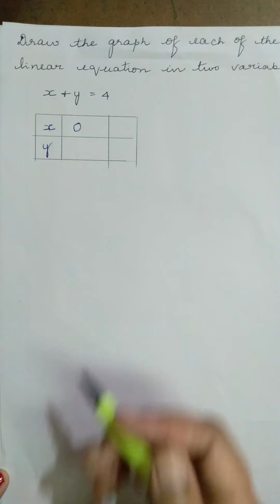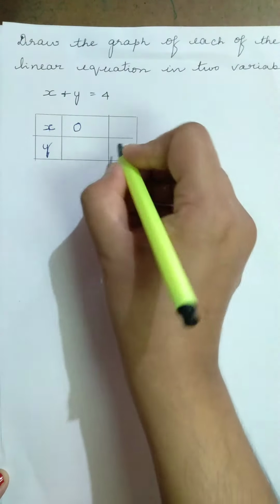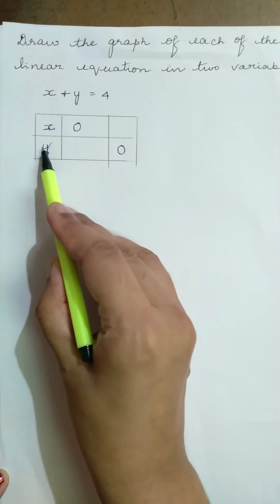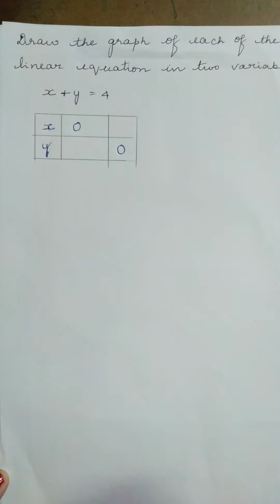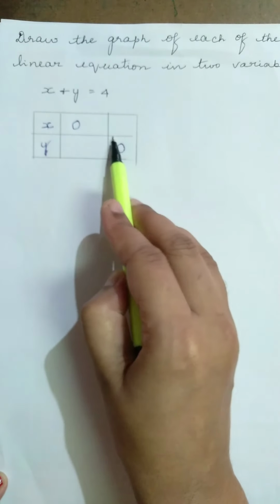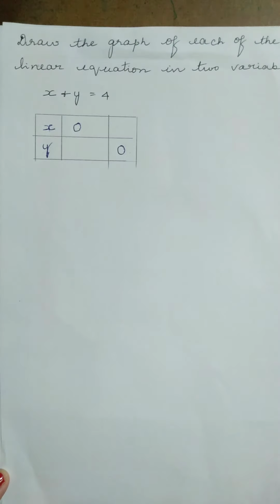In the next step, we will put the value of y equal to 0, so that we get the corresponding x value. Therefore, we will be getting 2 points to plot a graph. It is not that we require only 2 points to draw a straight line. We can take 2 or more than 2 points to draw a straight line.